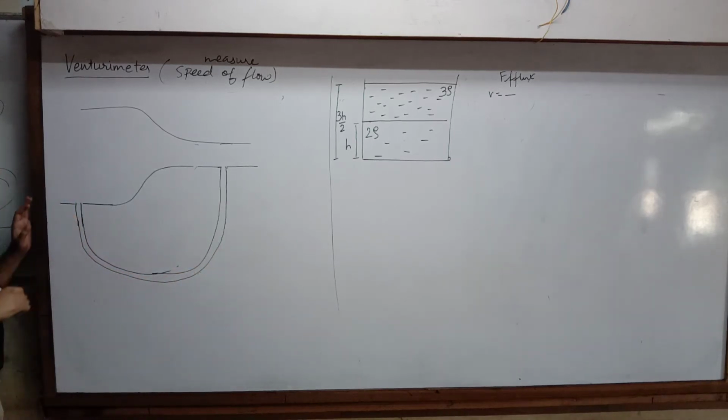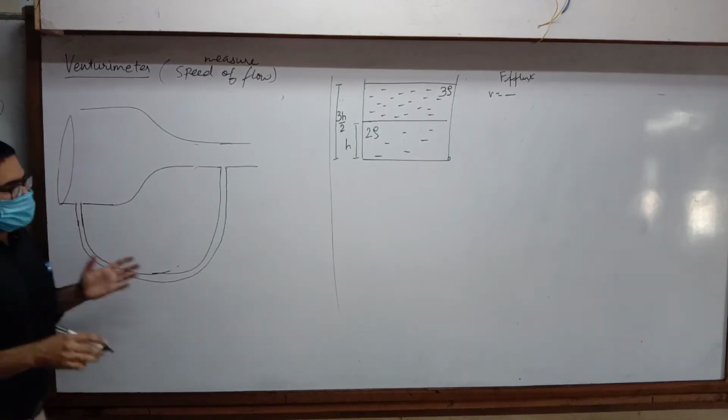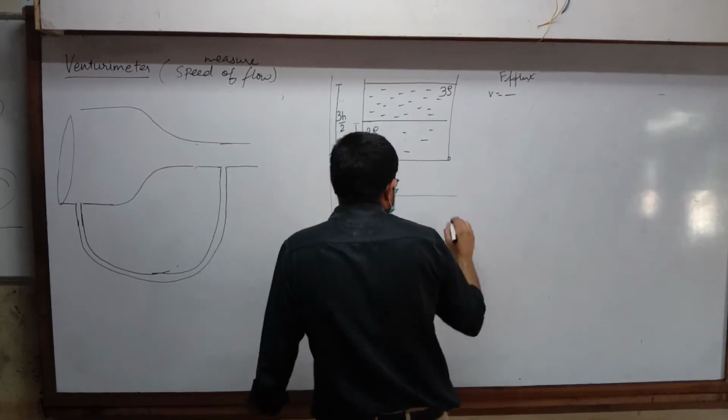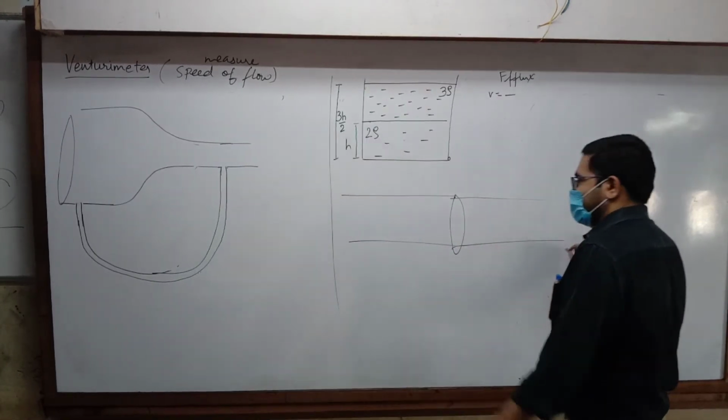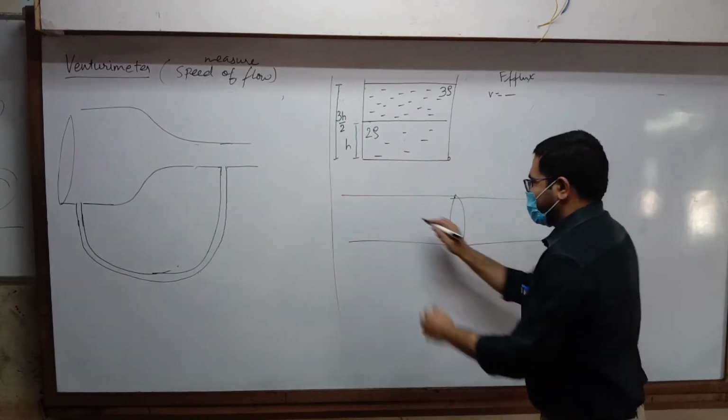There is a U-tube, right? Wherever you want to measure the flow speed, suppose there is a pipe, and it's not broken, of course.